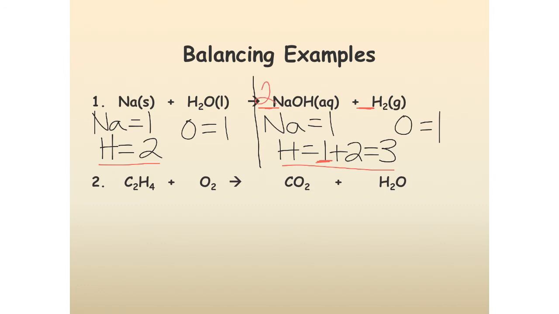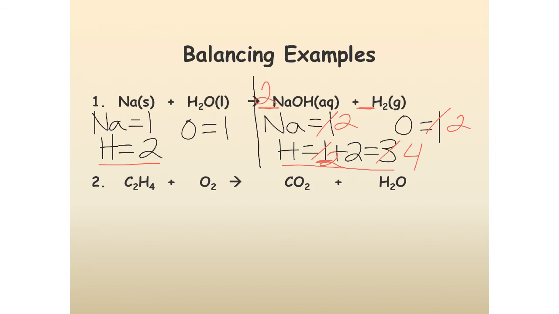So if we put 2 in front of sodium hydroxide, that changes that to 2. It changes O to 2. It changes just those hydrogens to 2, giving us 4. So this almost looks like we made things worse at the moment, but we didn't.